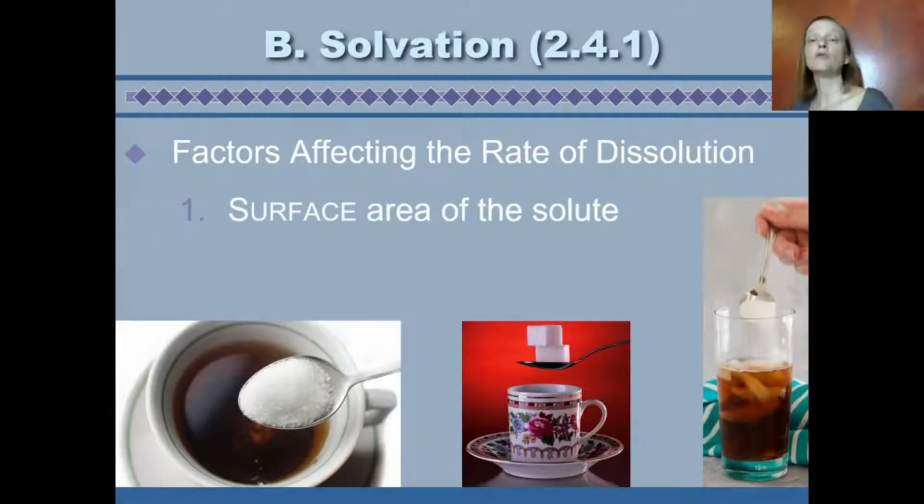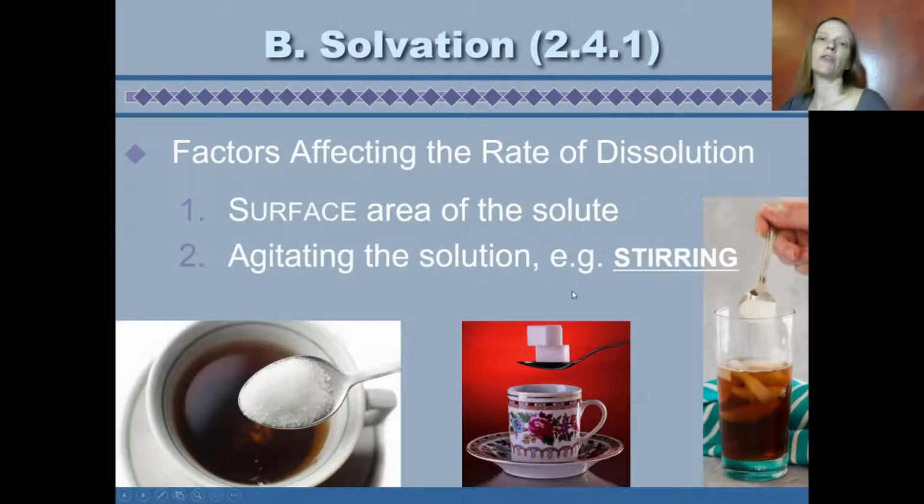Therefore, surface area of the solute plays a role in the rate of dissolution. The more surface area a substance has, the quicker it can dissolve. And one clear example of that would be dissolving sugar in your tea. If you've got little granules of sugar, those will dissolve faster than if you have a big lump of sugar cube.